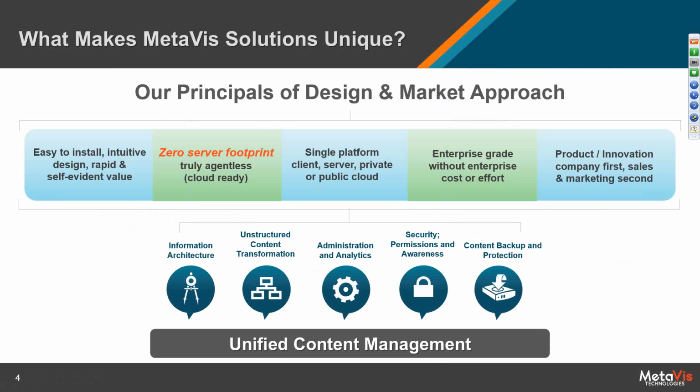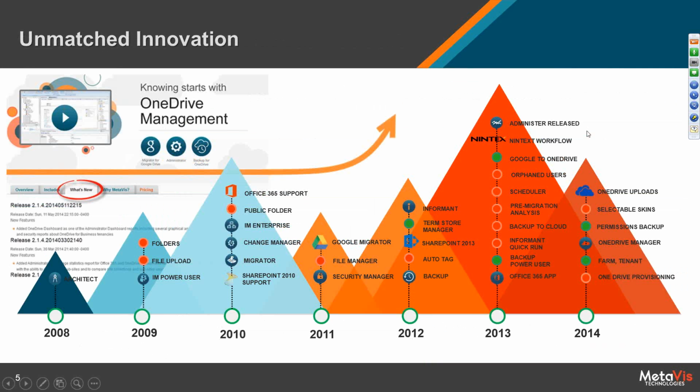Just a little bit about our principles of software design and approach is we try to make it easy to install, easy to use. It's a single platform. A lot of the tools that you'll see today come with various suite packages where they can be added on very easily, just a click of the button. There's nothing else to install, it's all controlled by licensing. And we've heavily invested.